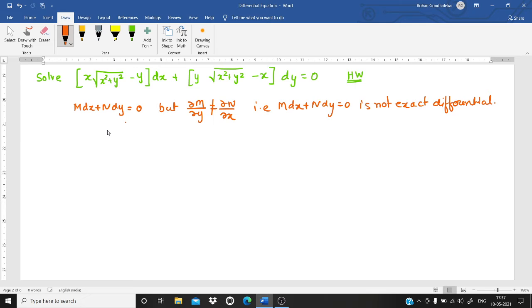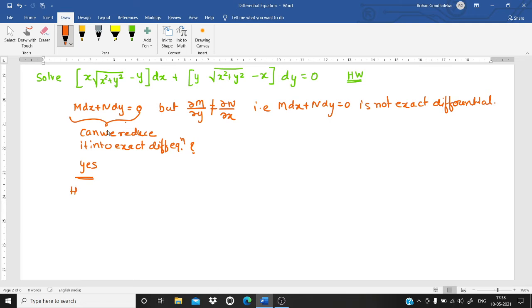Because this differential equation was obtained by differentiating the primitive and then eliminating or subtracting some part of it. That's why it is not exact. So now the question comes: can we reduce it into an exact differential equation? The answer is yes, we can.